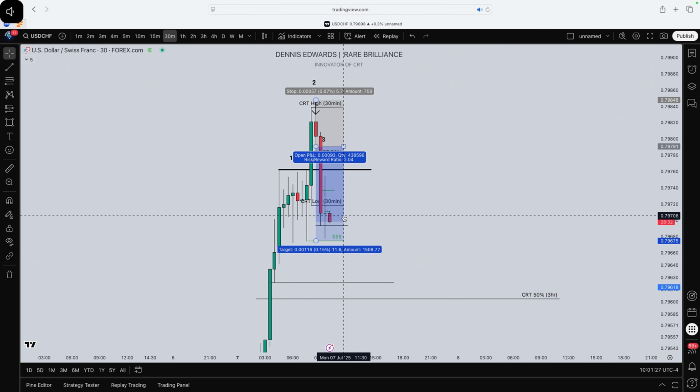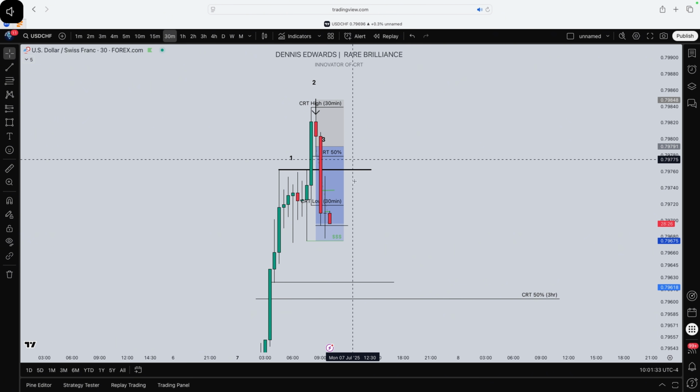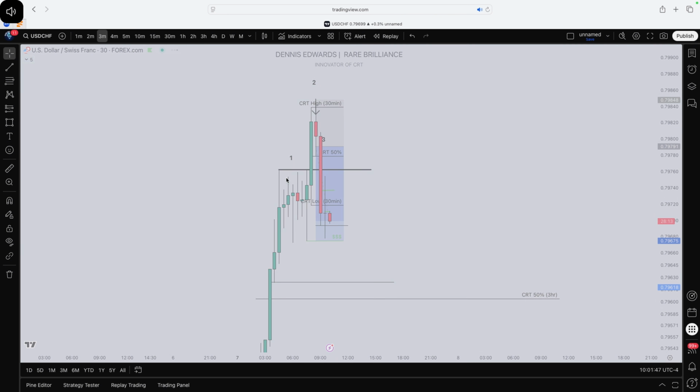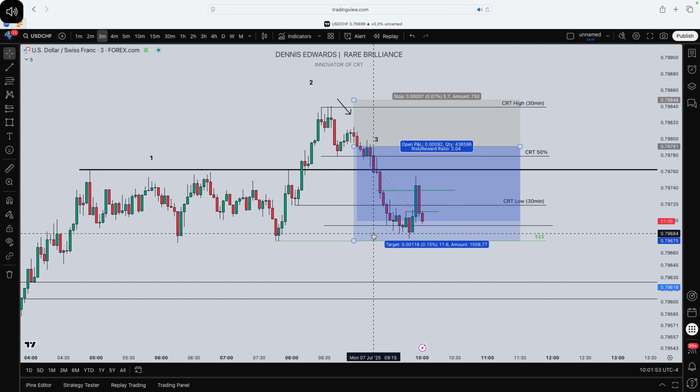So that's why I actually don't want to label this one, because we already just completed one, and I feel like that one is the one that our overall direction is inside of. So if I jump the gun and think that we're going to go from this low sweep and start targeting this high, it'd be pretty much interesting. I just got to say it's interesting, because once again, it is a Monday. So, but let's see.